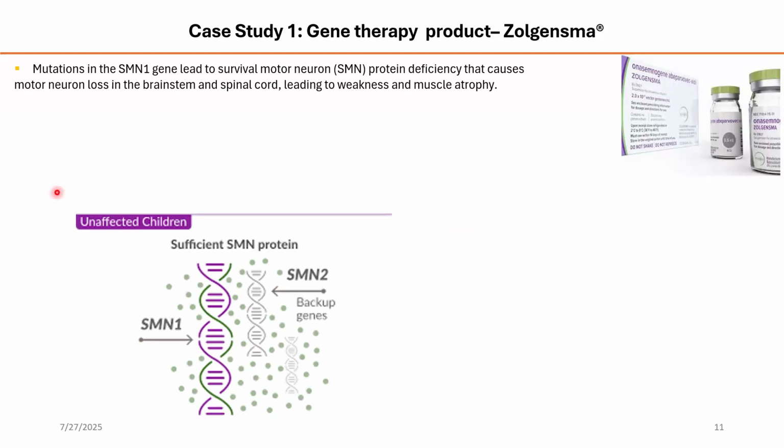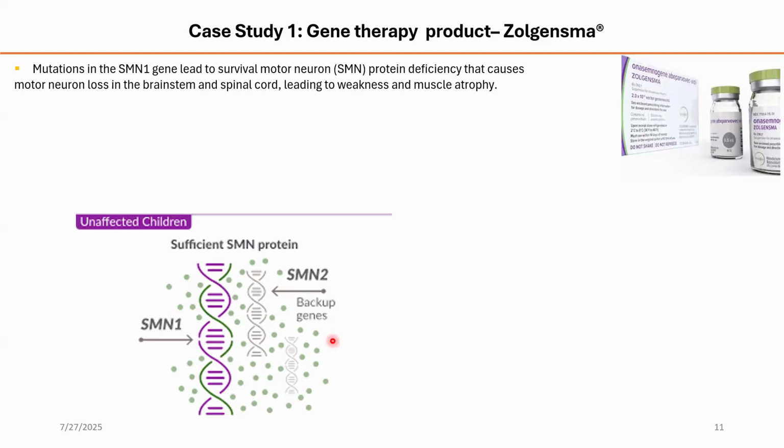In unaffected children, if you see a normal child, they have sufficient SMN1 protein produced. There are two isotypes, SMN1 and SMN2 protein. 90% is SMN1 protein, which is produced for normal function, and 10% is a backup gene, which is called SMN2. In general, the SMN2 protein is only 10%.